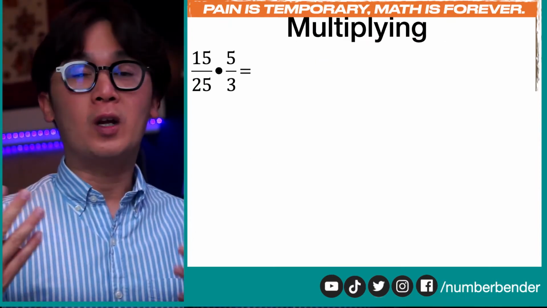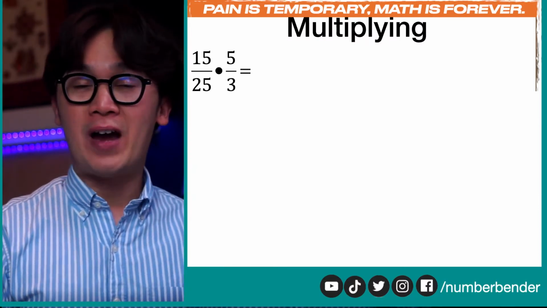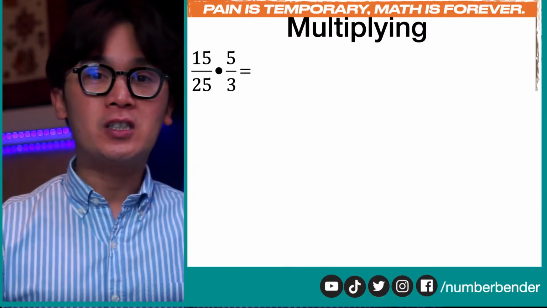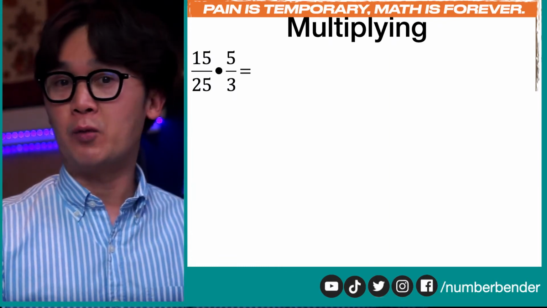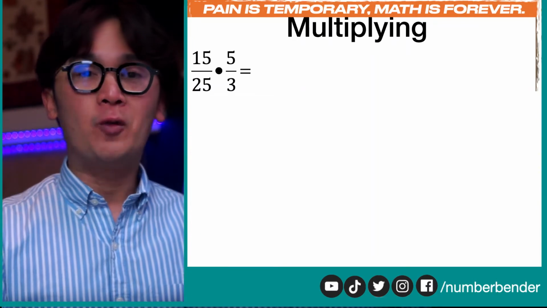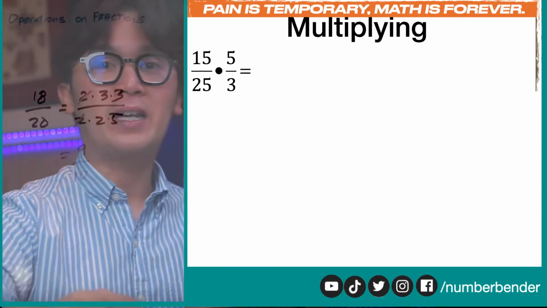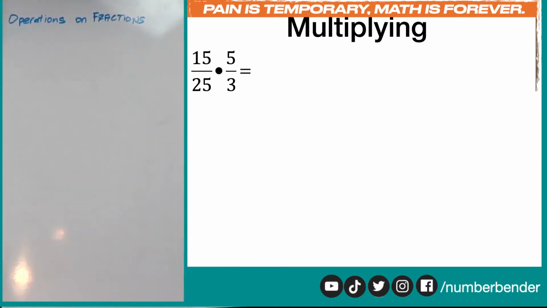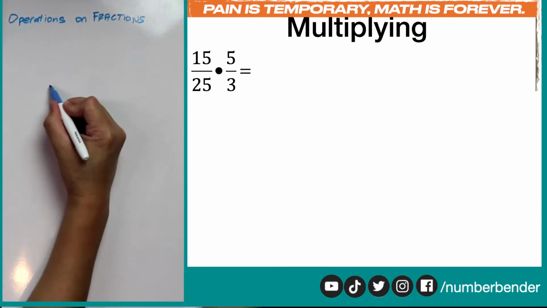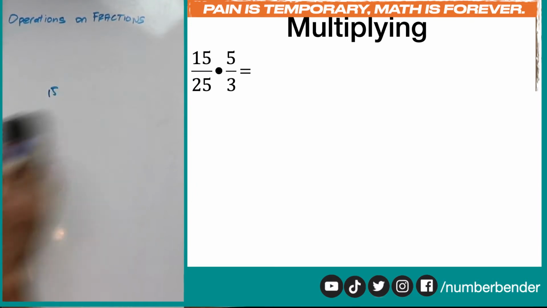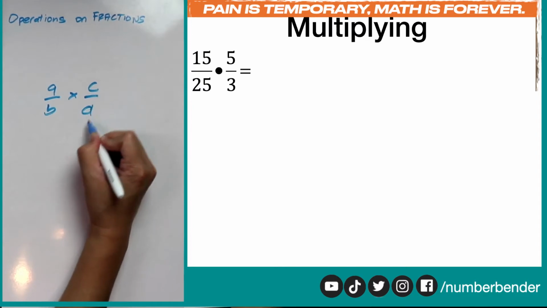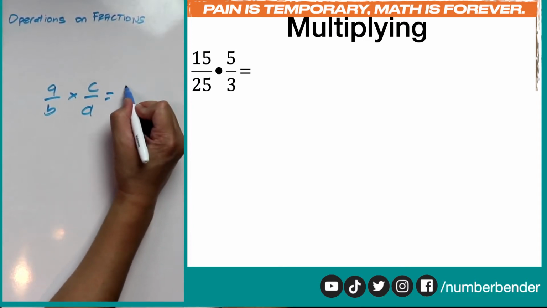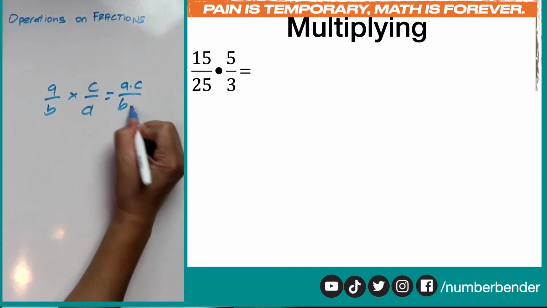So again, what we're doing is using the prime factors of our number to simplify fractions, and that's what we're going to do on the operation of multiplication. We're going to be using this technique, prime factorization, when we work out problems like 15 over 25 times 5 over 3. Because we know in mathematics, to multiply two fractions, let's say a over b multiplied by c over d, the product of these two is simply a times c over b times d.